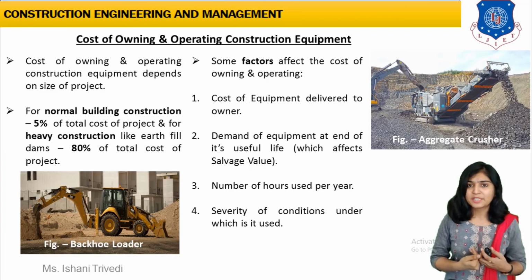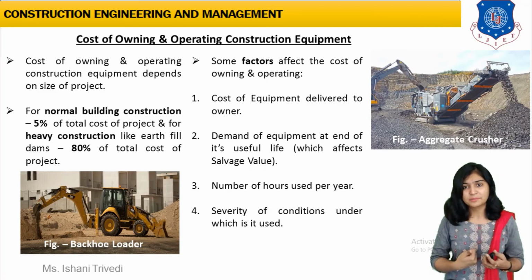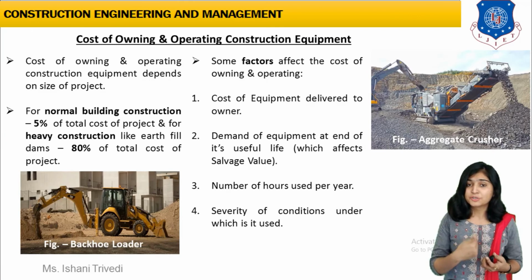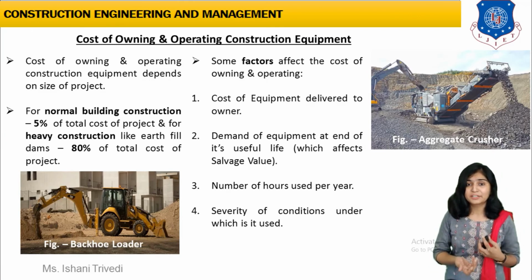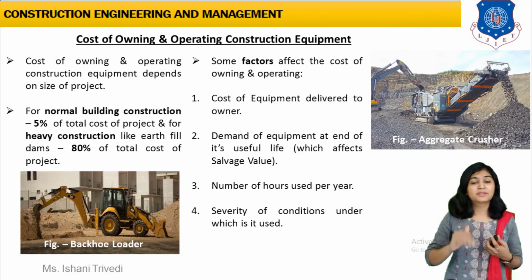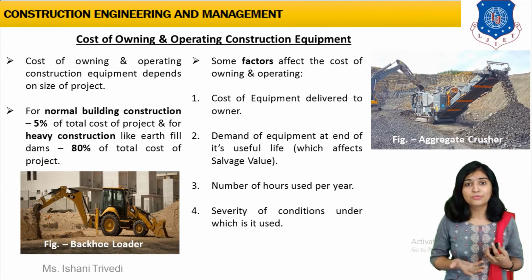Now talking about certain factors, it is the total cost of the equipment to be delivered, on which it will depend. The demand of the equipment, right? If it is useful for a longer time, if the demand is going to become obsolete in future. Obsolete means when the technology gets replaced fully, right?